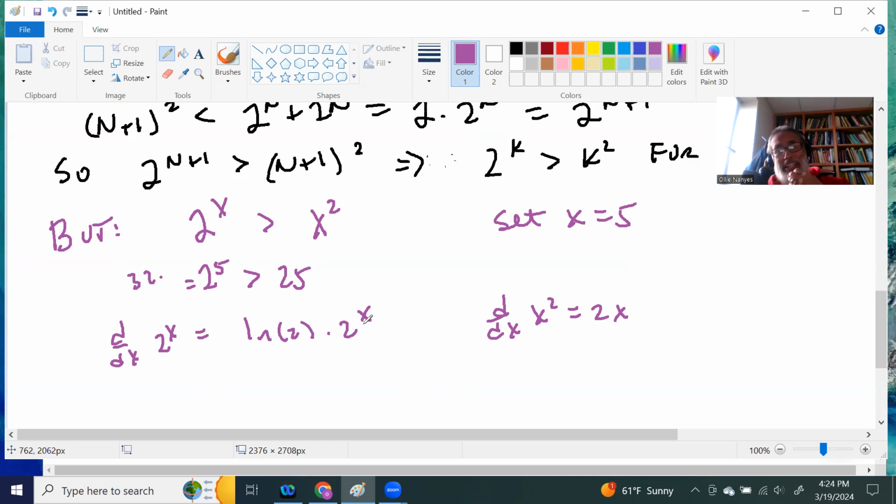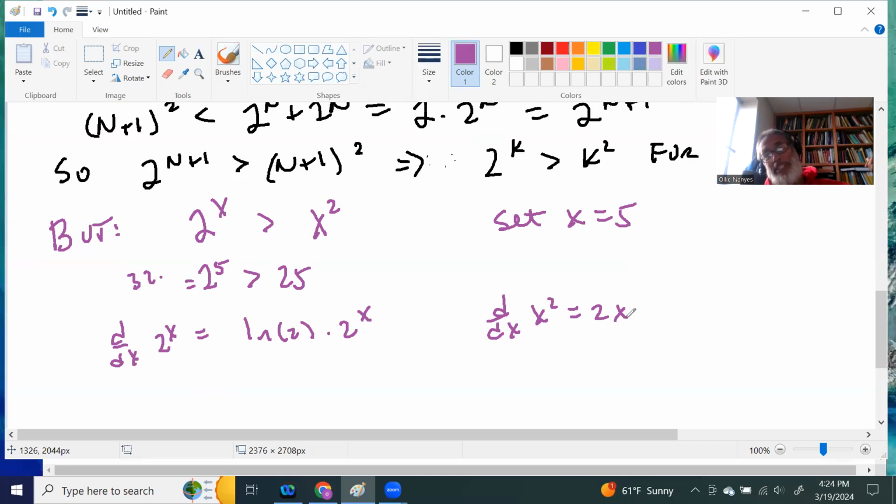And what we see right here is that this 2 to the x times log 2, at x equal 5, is 32 times 0.69 something.